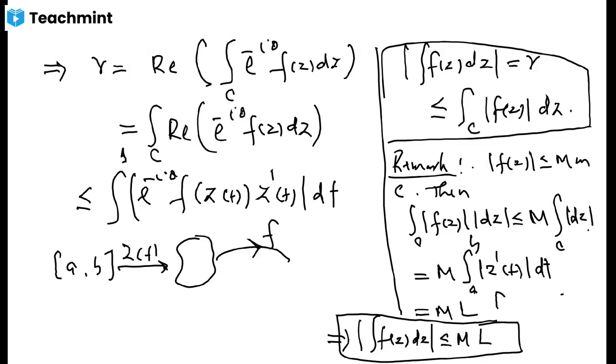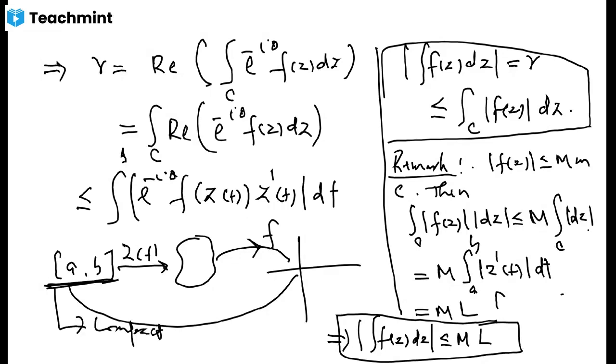But when you consider this function over C, that means you are considering this composite function. If it is a continuous function, then this composite function is continuous on this compact interval [a,b], and you very well know that continuous functions on a compact interval are always bounded. So in case of continuous functions, you do not need to assume this M exists. It will always be there, because continuous functions on compact sets attain their maximum there. So this estimate will always hold for continuous functions.